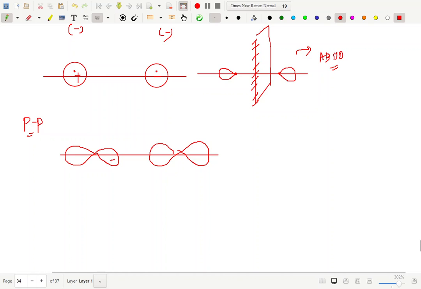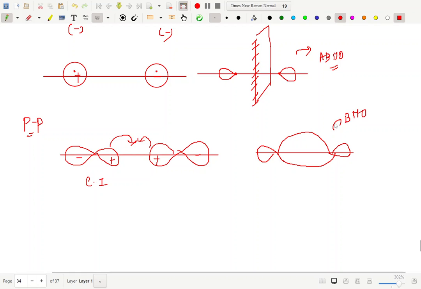Considering that the same phase is combined, this is positive, this is negative, this is positive, okay. Because positive and positive are going to combine, this is going to be a constructive interference, right? So the resultant wave is going to have a higher electron density in between this lobe, okay, and this is a bonding molecular orbital.